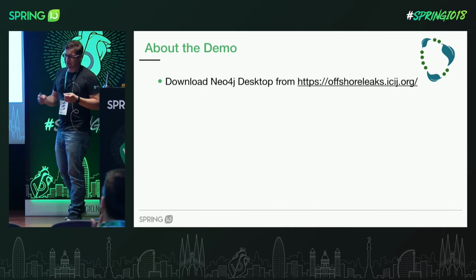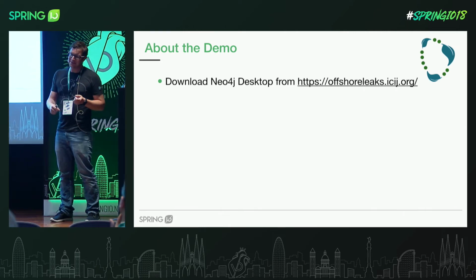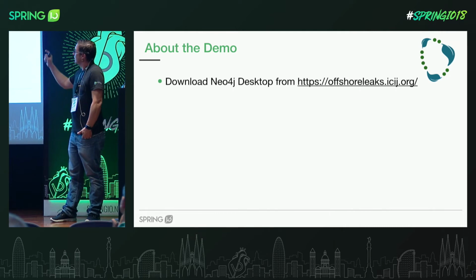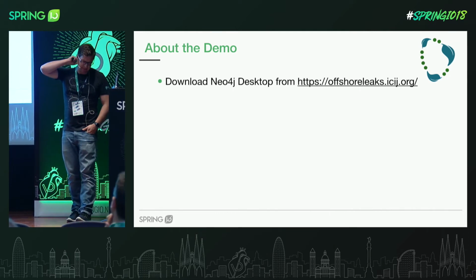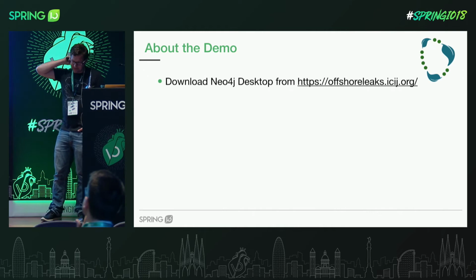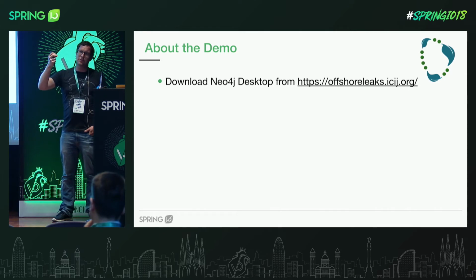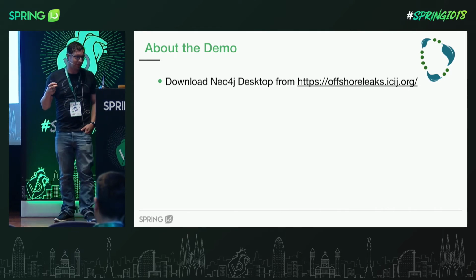First of all, I did not take the original Neo4j desktop that's available at neo4j.com, but I took the Offshore Leaks database. The Offshore Leaks database is more or less a current version of Neo4j with all the offshore leak data put in.